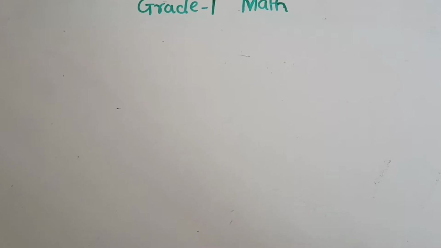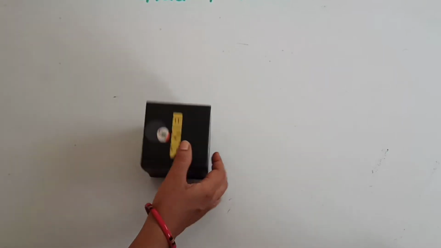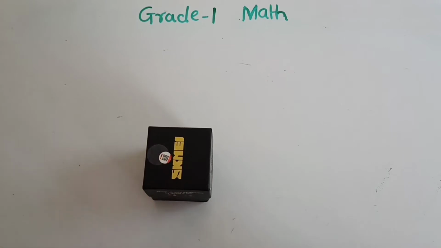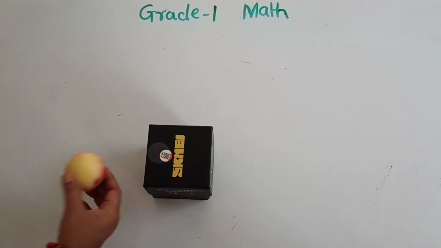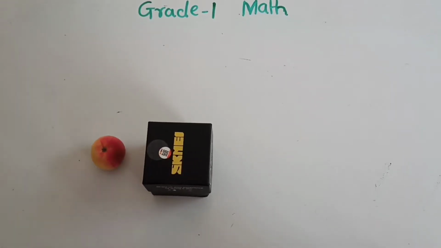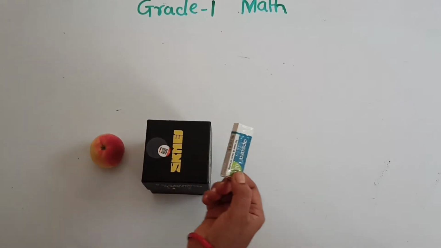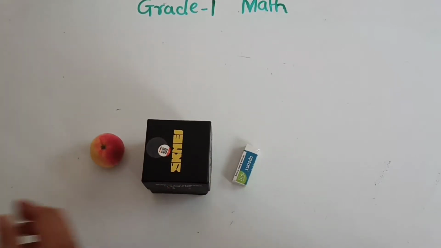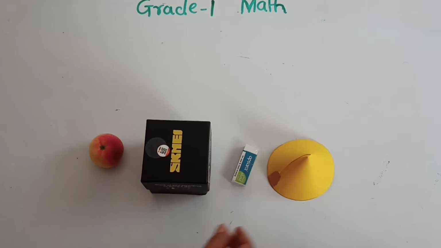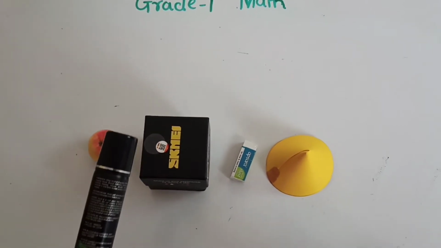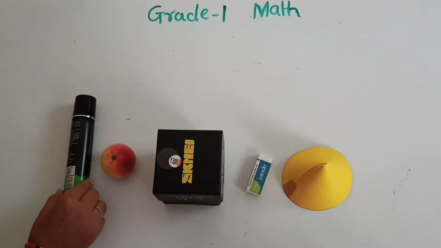Our shapes chapter is going on, and in the previous session we learned some more shapes like cube shape, sphere shape, cuboid shape, cone shape and cylinder shape.